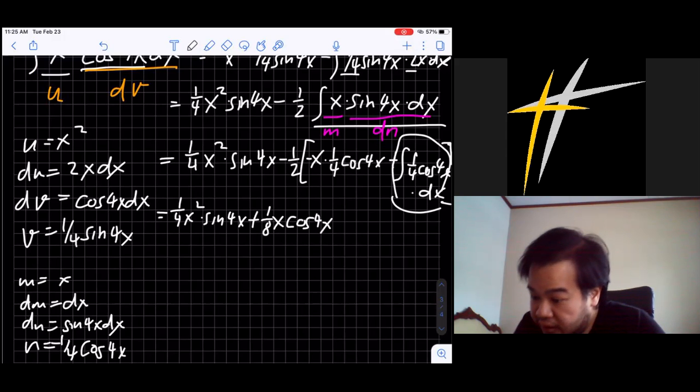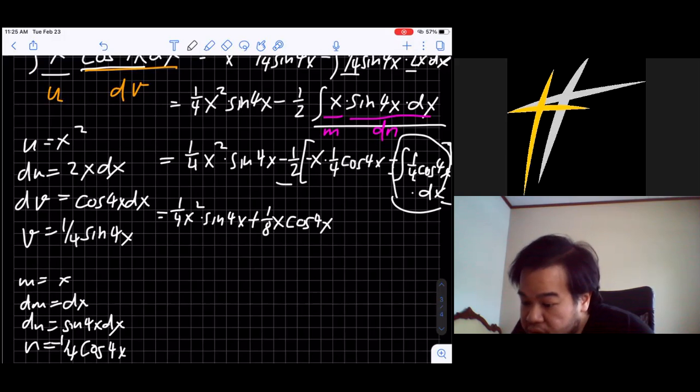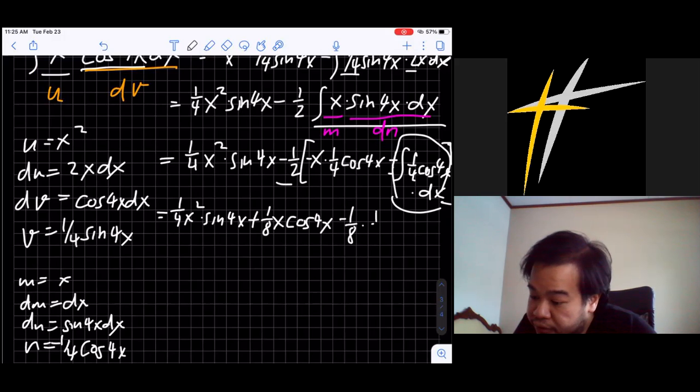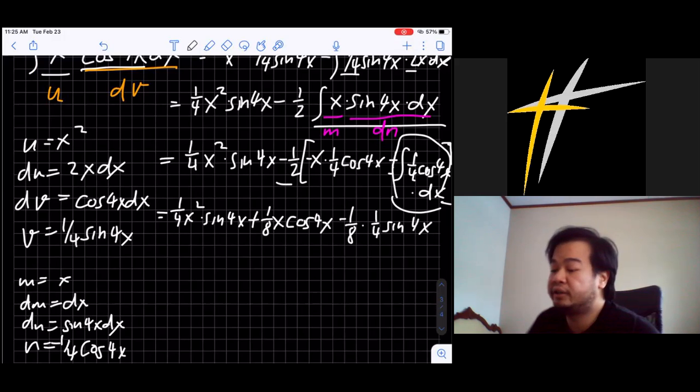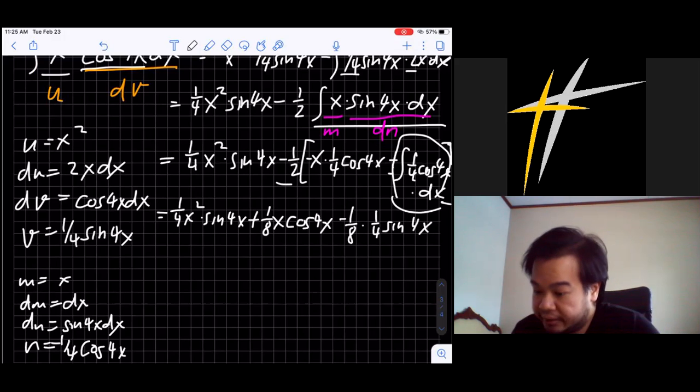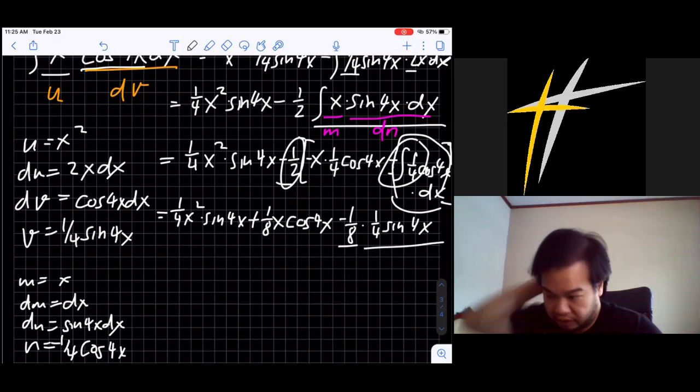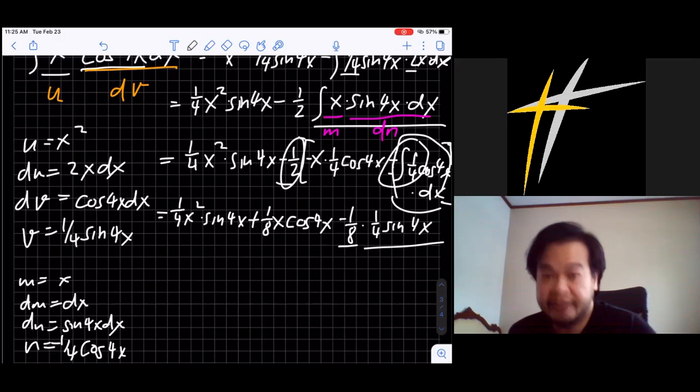Be careful, negative half times negative 1 over 4 becomes positive 1 over 8. Then negative half times positive 1 over 4 becomes negative 1 over 8, and then 1 over 4 sine 4x as the integral of cosine 4x dx.